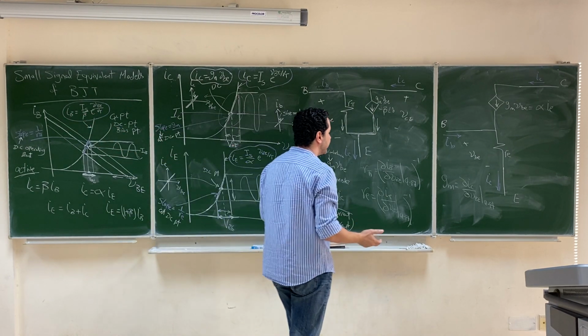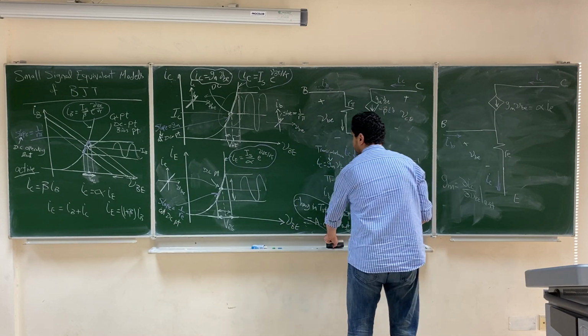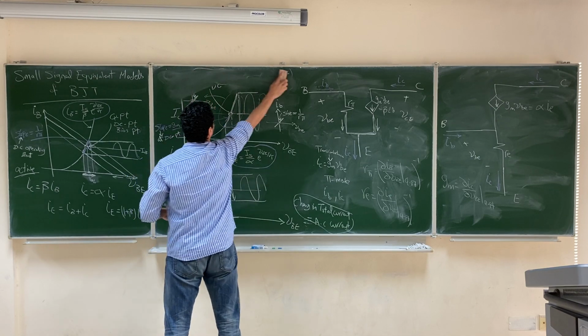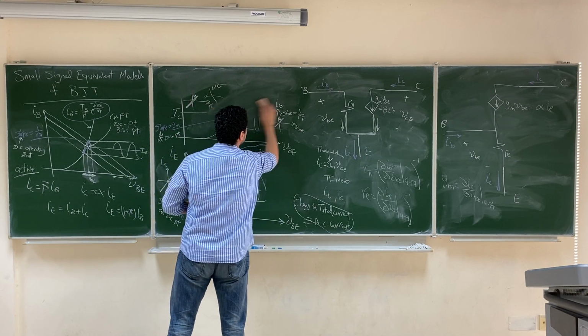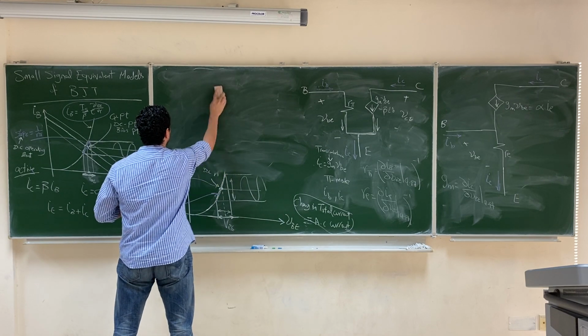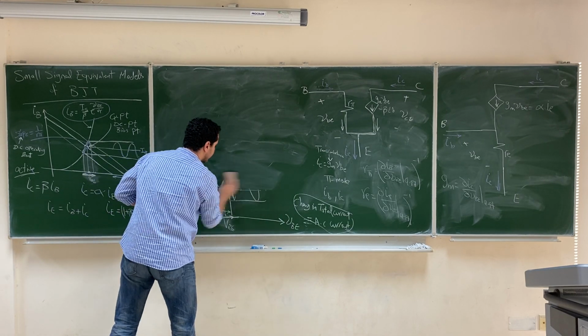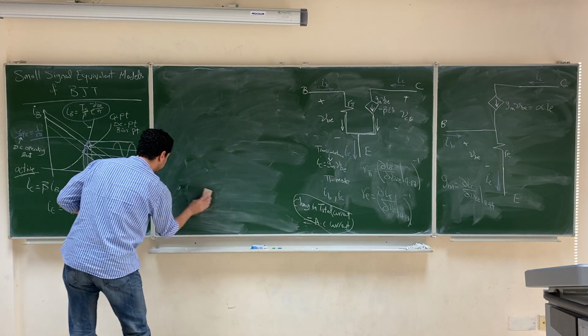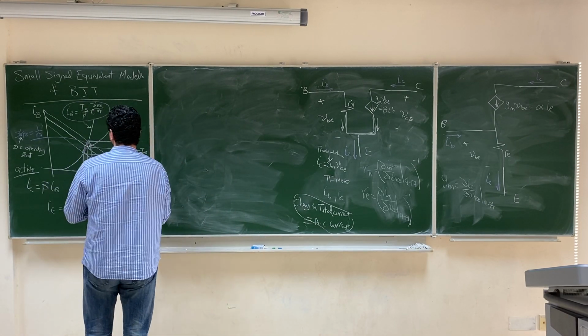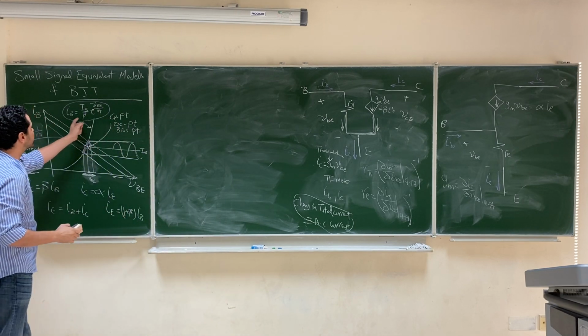Now, let's try to calculate GM, for example. I'm going to remove this and write the relations once again. The relation between I base and VBE is this relation.